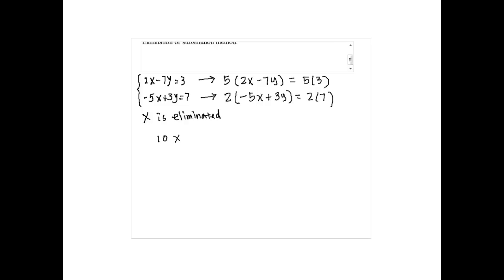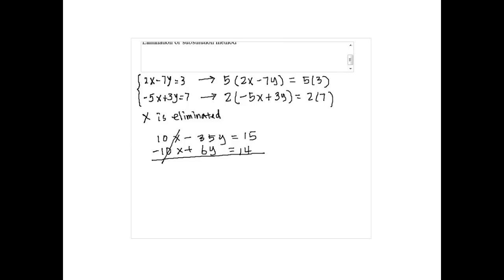So we have 10x minus 35y equals 15. The bottom equation becomes negative 10x plus 6y equals 14.